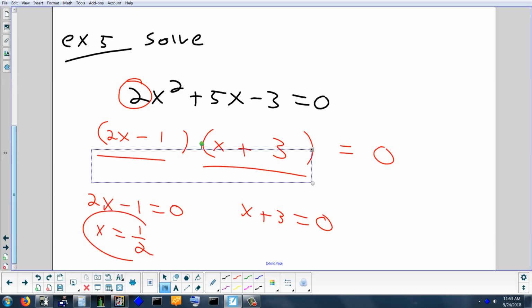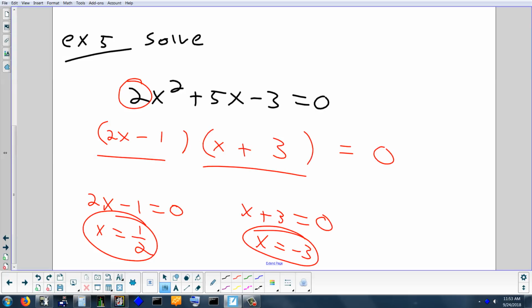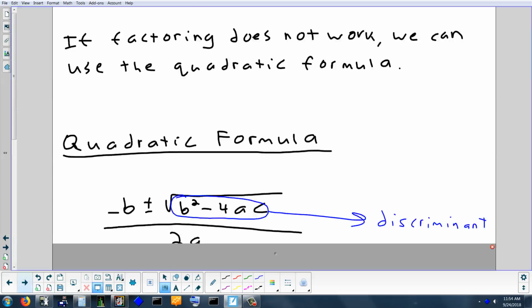So in this case, you get x equals a half. In this case, x equals negative 3. They are both solutions. Any questions on that one? So that one was nice because it factored.